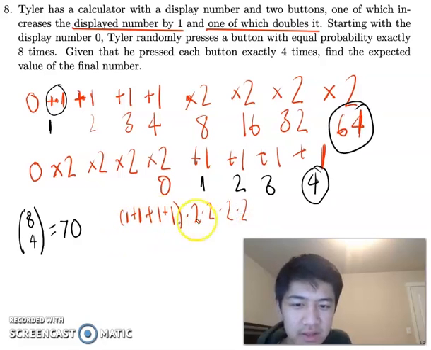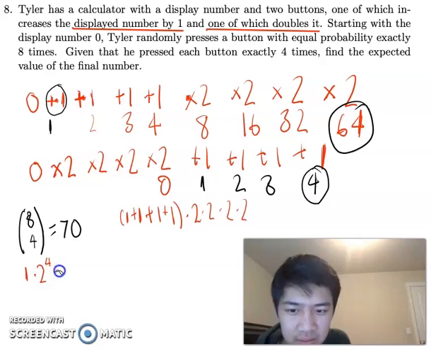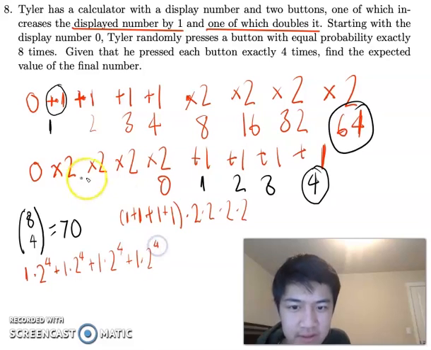If we distributed it out, it would look like 1 times 2 to the 4 plus another 1 times 2 to the 4 plus another 1 times 2 to the 4 plus another 1 times 2 to the 4. And let's look on this side. Over here, we're multiplying by 2 four times in a row, and then we add 1 four times.